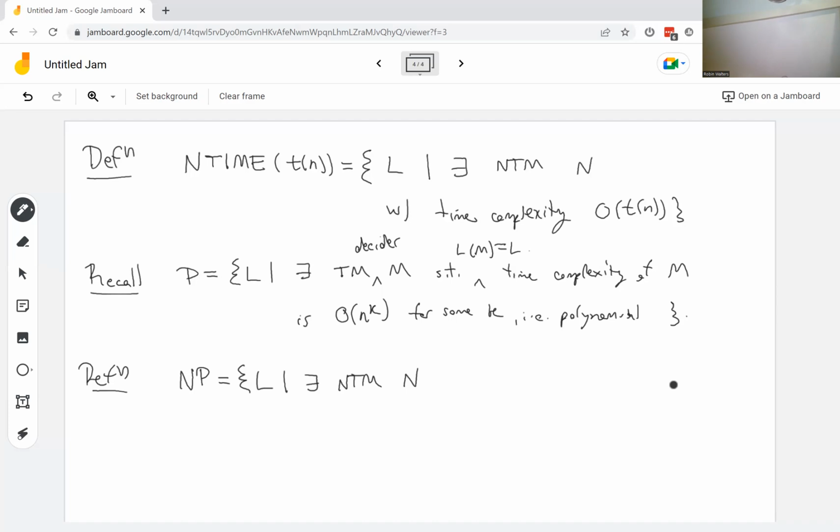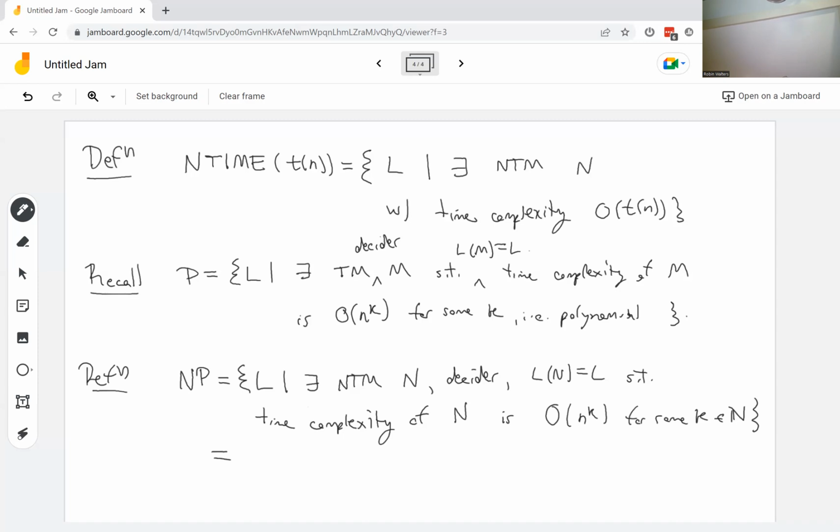There exists a non-deterministic Turing machine N, a decider, with L of N equal to L, such that the time complexity of N is order n to the k for some k, a natural number. Okay.